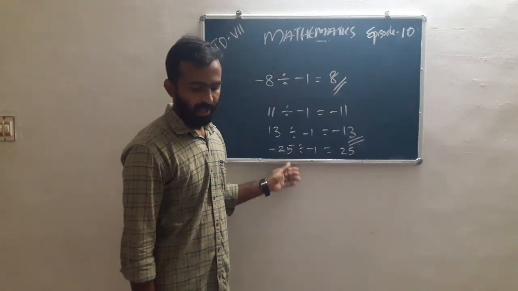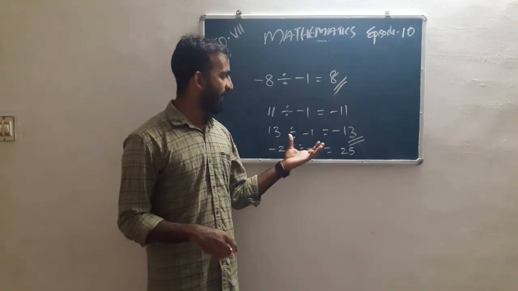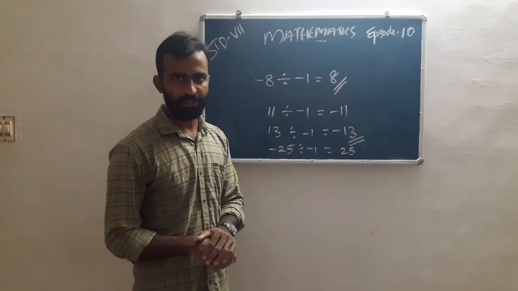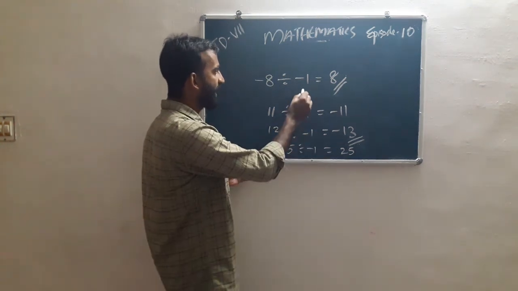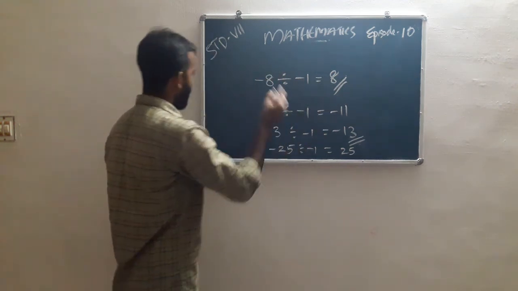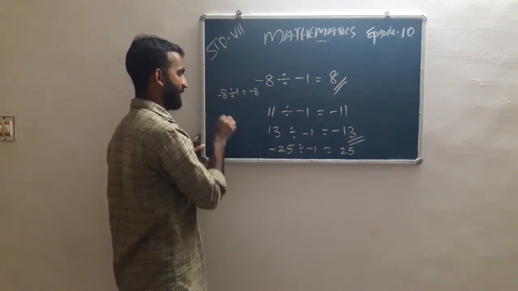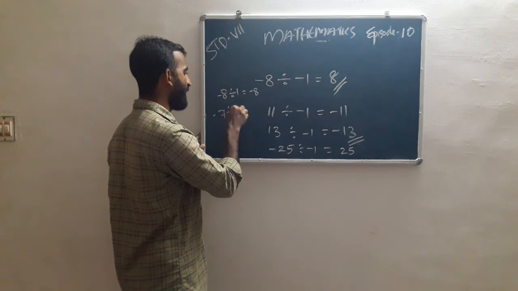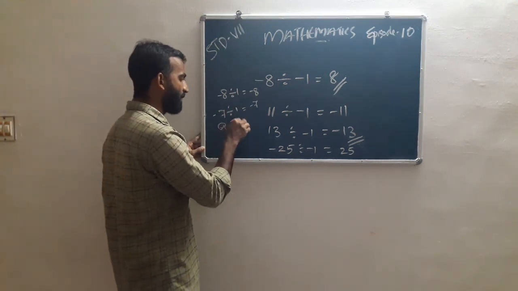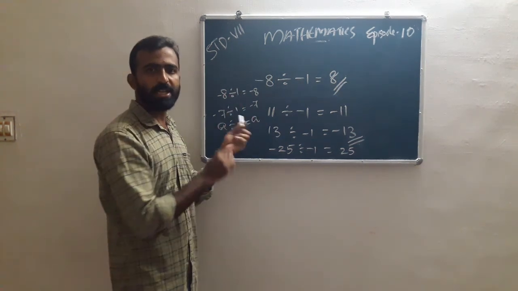Yes. Then what can we find? We can say that any integer divided by negative 1 does not give the same integer. Previously, negative 8 divided by 1 we get negative 8, negative 7 divided by 1 we get negative 7, and so A divided by 1 we get A. When we divide by 1, we get the same integer.